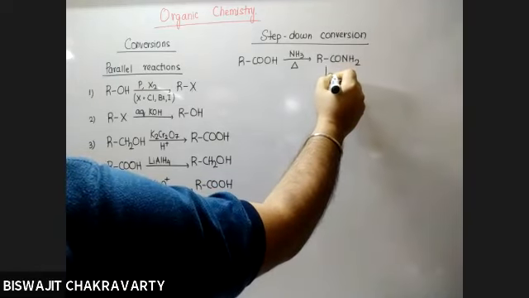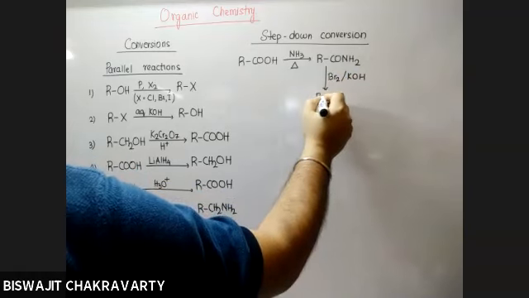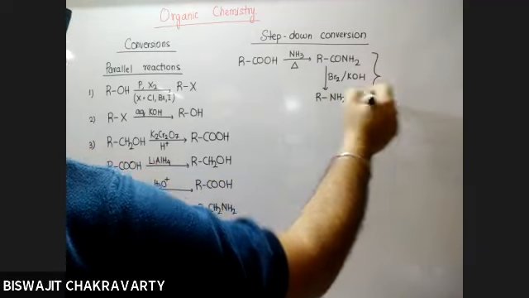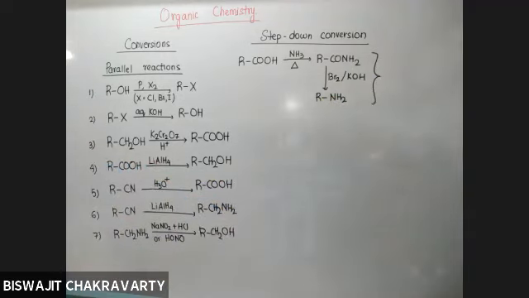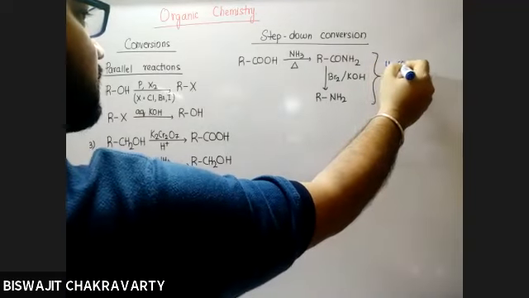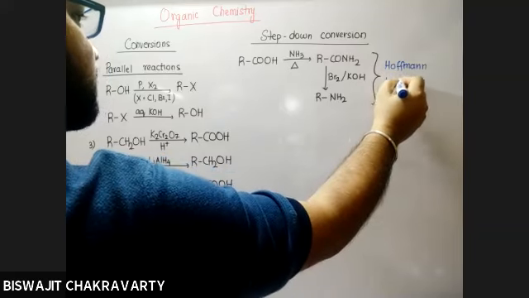Then you treat this with bromine and KOH. Amides will be converted to amines. This is a very important reaction that you will get in the chapter of amines, and this reaction is Hoffman degradation. Degradation means decrease.